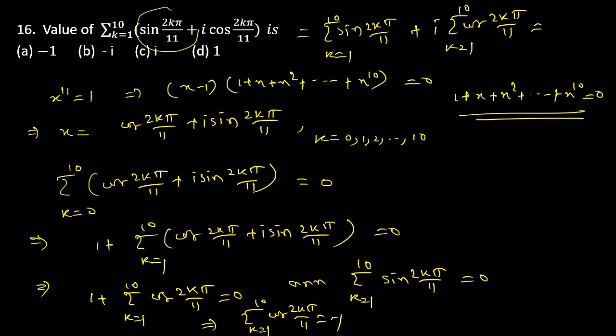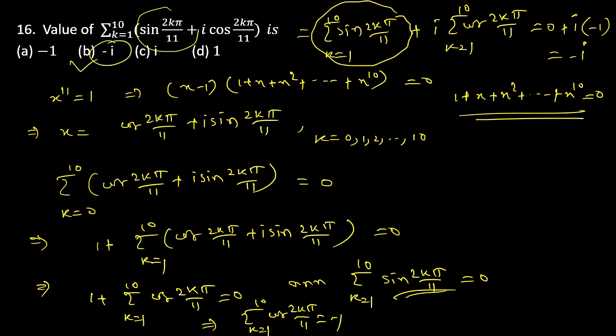This is 0, and this is minus 1. So 0 plus i into minus 1, so this is minus i. So the value will be minus i. So option B is correct.